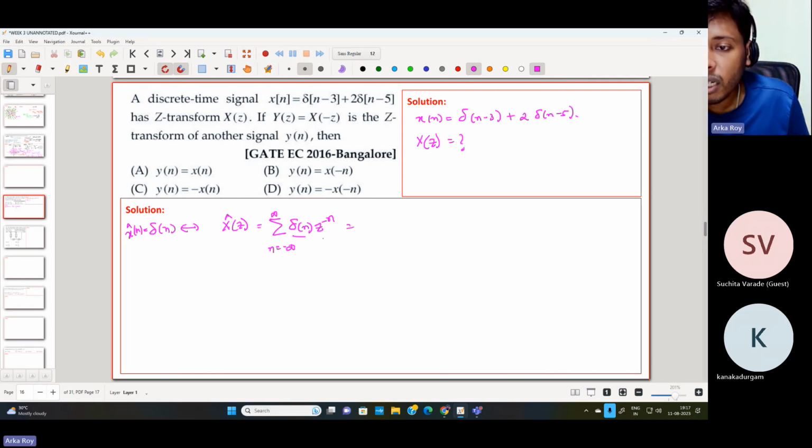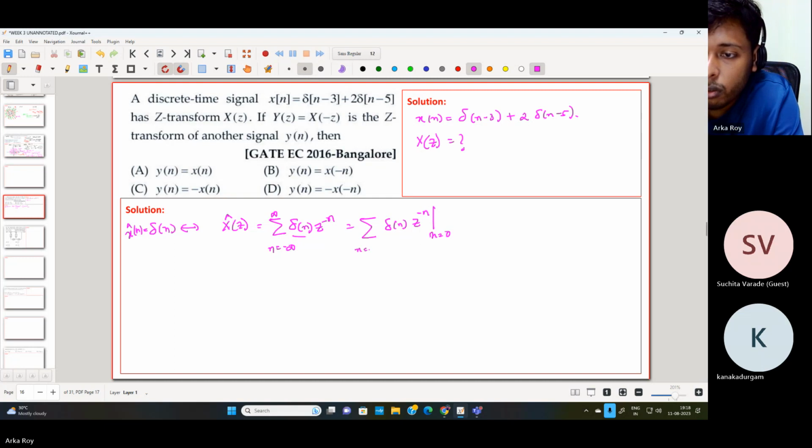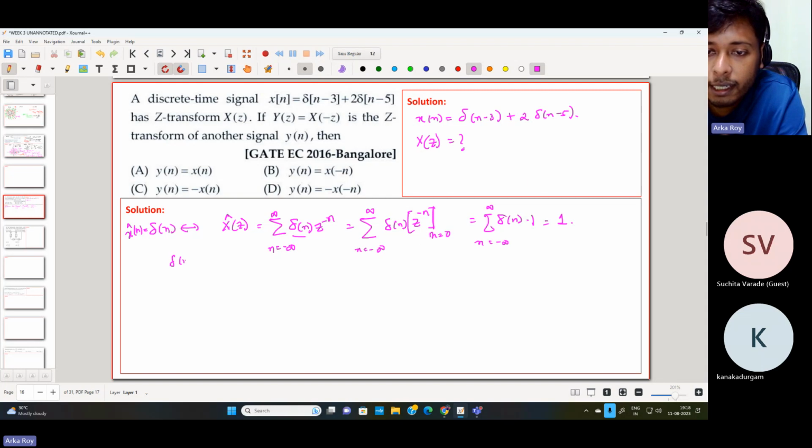Any sequence multiplied with delta will be evaluated at n equals 0, because that is where delta exists. So this gives delta[n] into 1, summed over minus infinity to infinity, and if I sum delta[n] I will get 1. That means delta[n] has z transform equal to 1.